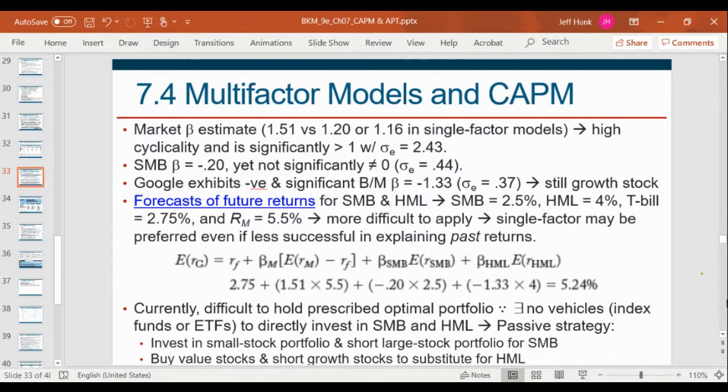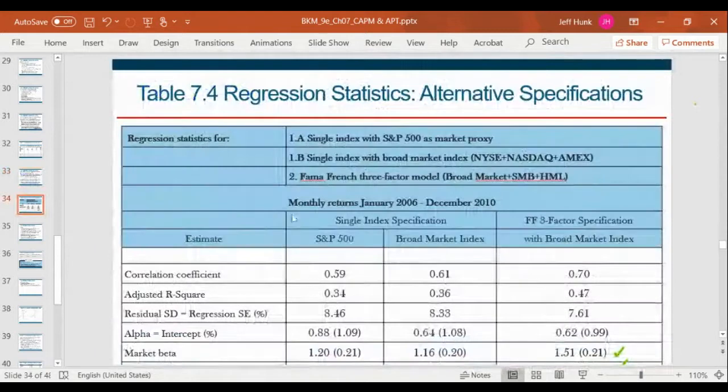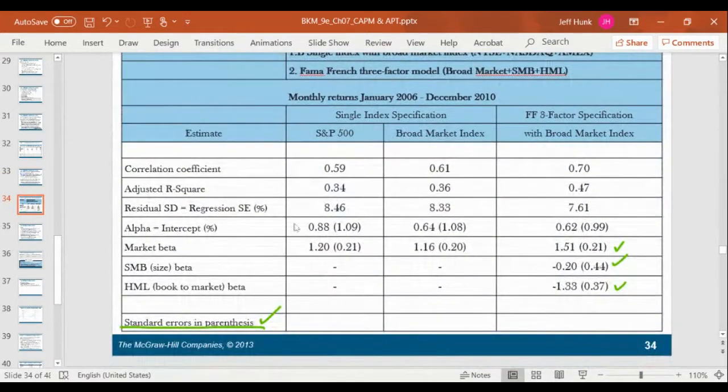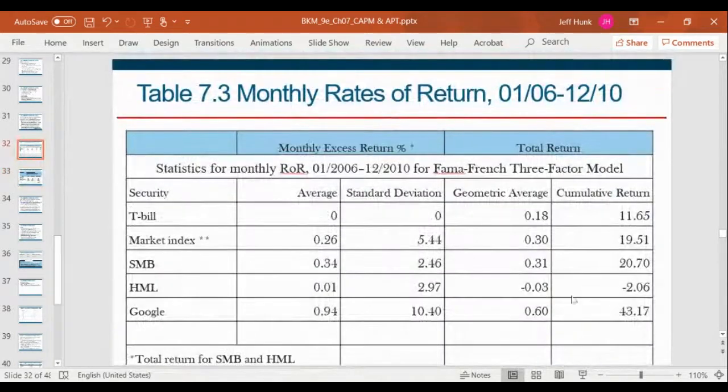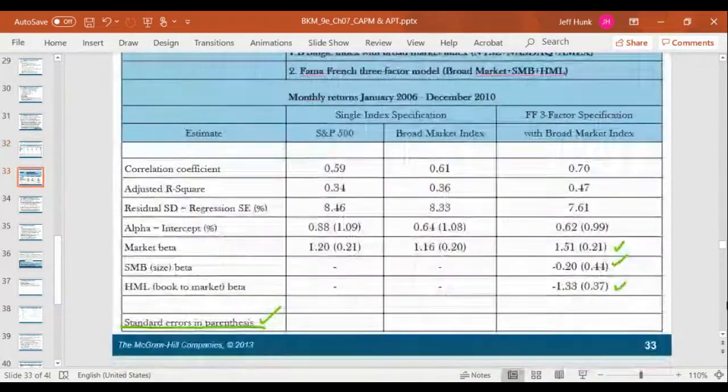Of course, I think I should have put this first, right? I didn't want to have only the data first, because this is the regression result and the betas.